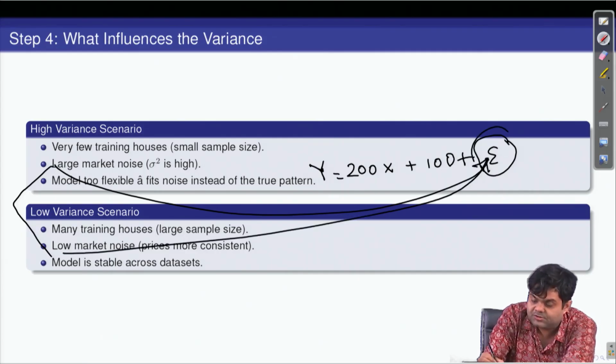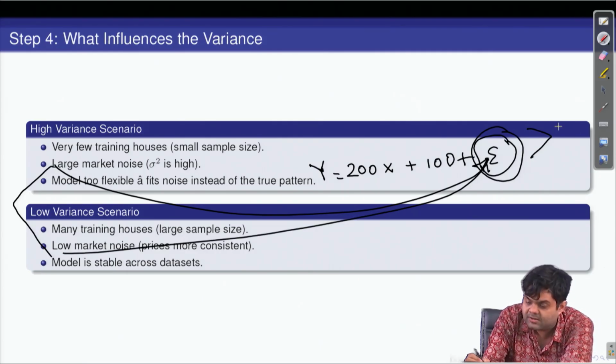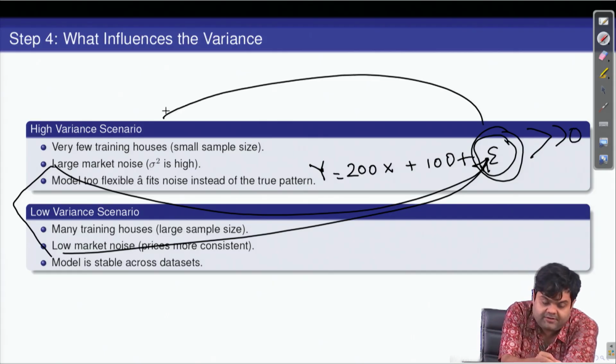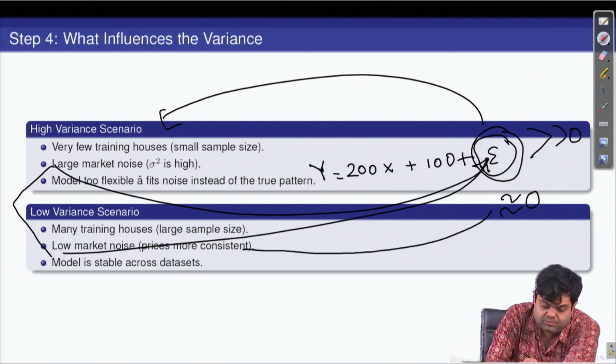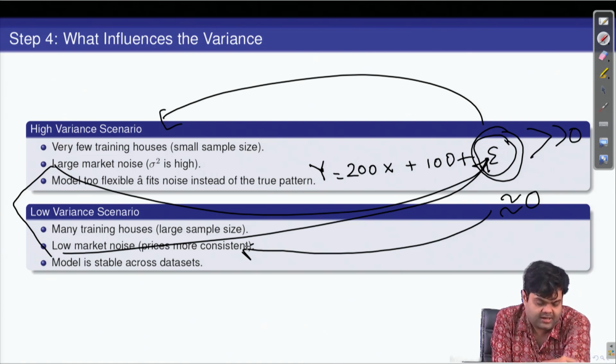Suppose this is big, this is a high variance scenario. If it is close to 0, this makes it a low variance scenario, and the model is stable across the data sets.